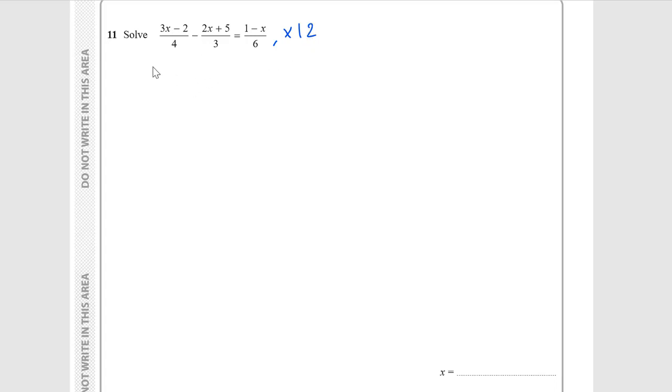We treat this like fractions as always. So 3x minus 2 is going to be multiplied by 3, minus 2x plus 5 is going to be multiplied by 4. And then on this side we're going to be multiplied by 2.